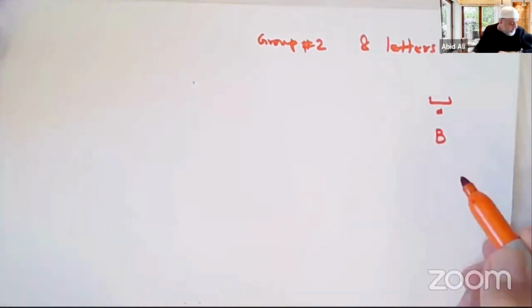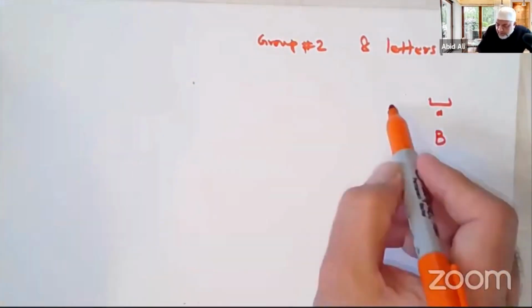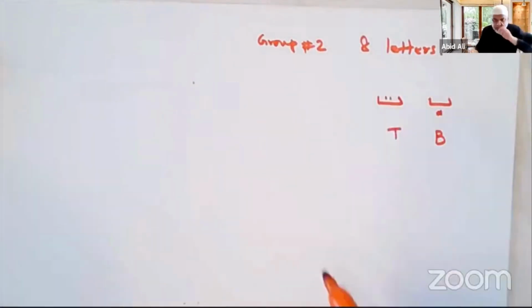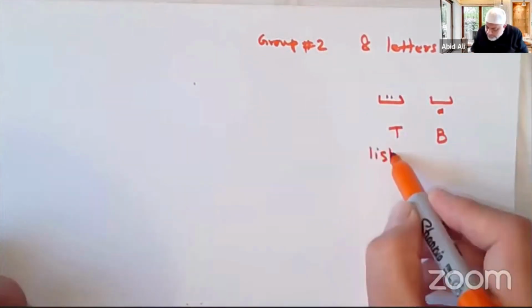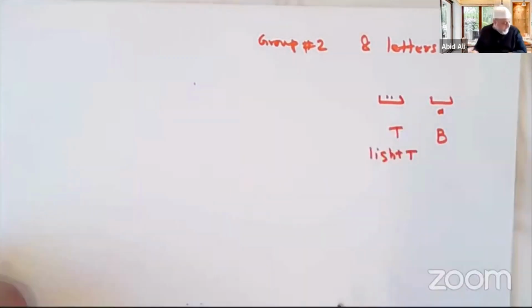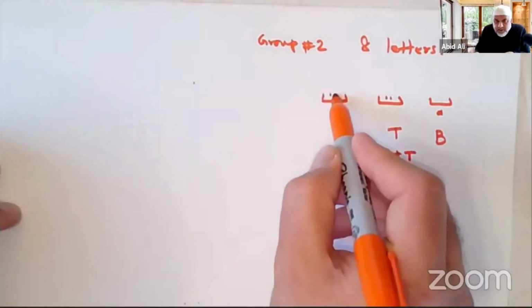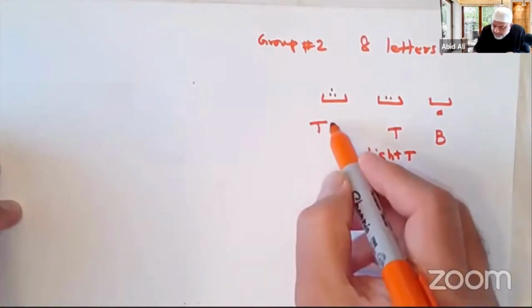So the English letter to denote ba is B. Then there is a ta. It is T. Okay, but remember this is a light T. Then we have something called sa, and the sound will be T/S.